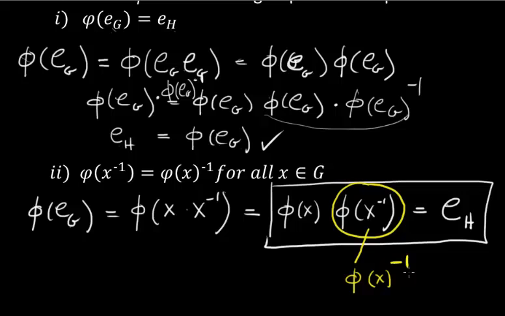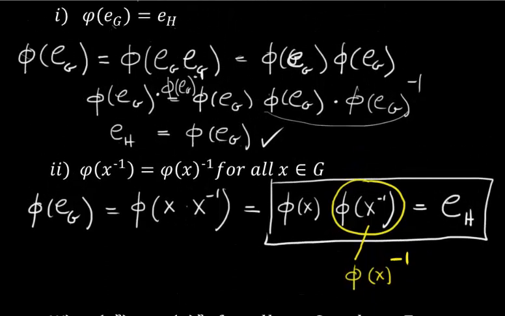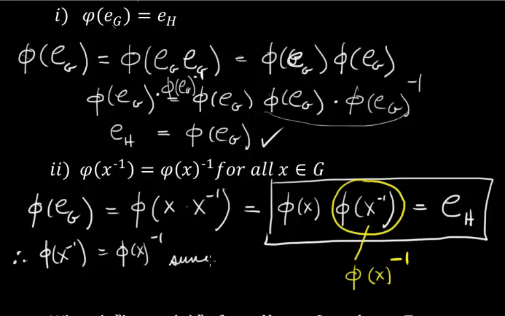So let's see, I guess we should write that. Therefore, phi of x inverse is equal to phi of x inverse, since inverses in H are unique.